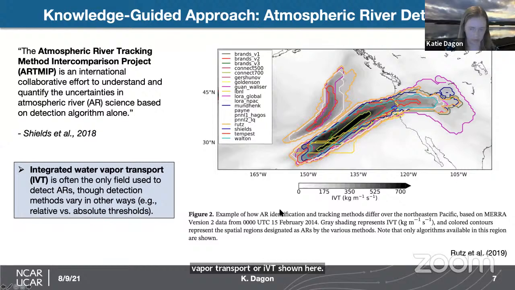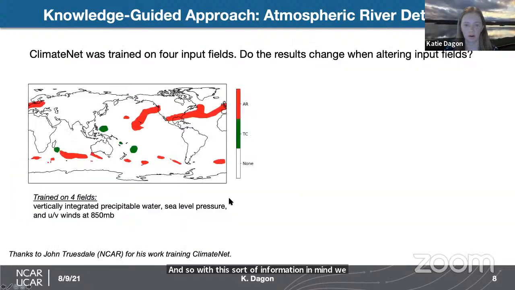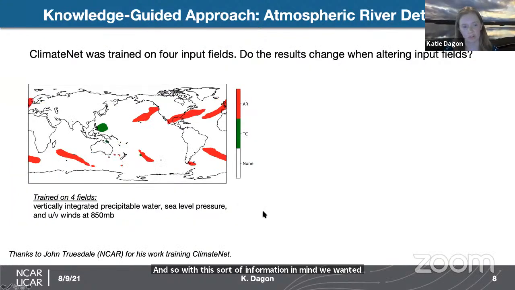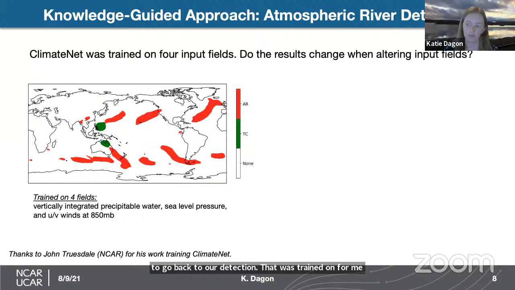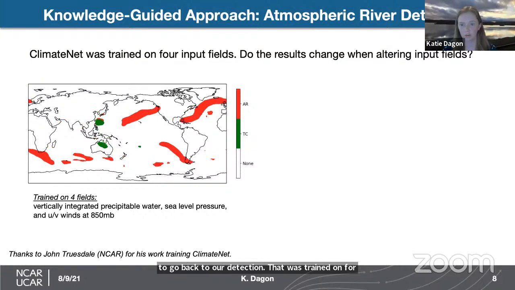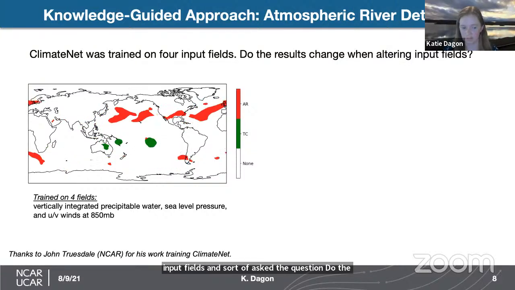While the detection methods might vary in other ways, for example, using absolute versus relative thresholds, a lot of them are just based on IVT. And so with this information in mind, we wanted to go back to our detection that was trained on 4 input fields and ask the question, do the results change when altering the input fields?